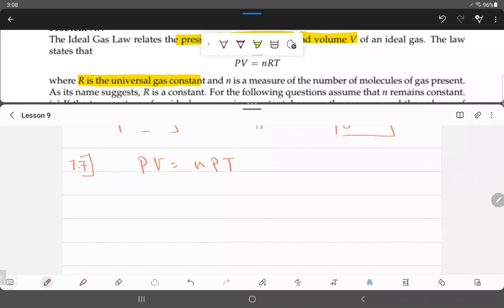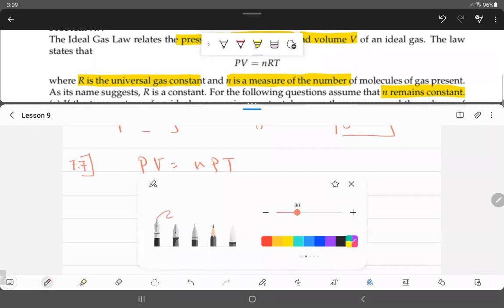And n is a measure of the number of molecules of gas present. It's just a number, okay? So for the following questions, assume that n remains constant. Again, n is constant. This is very important.